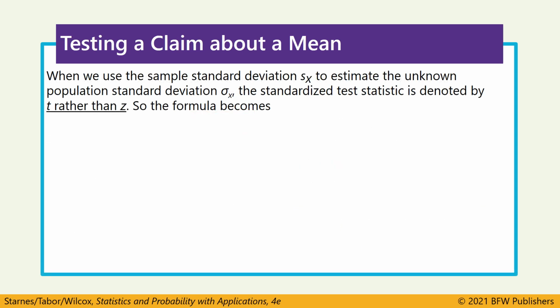Now, we talked about this in the last chapter when we were creating confidence intervals, but because we don't know what sigma is and we're using s, the standard deviation of the sample, instead of the standard deviation of the whole population, we need to use a t-score for this problem rather than a z-score. In the last chapter, we were just looking that critical t-score up in our green table. In this case, we're going to be calculating it because it will be our test statistic, and we calculate it the same way we do with a z-score.